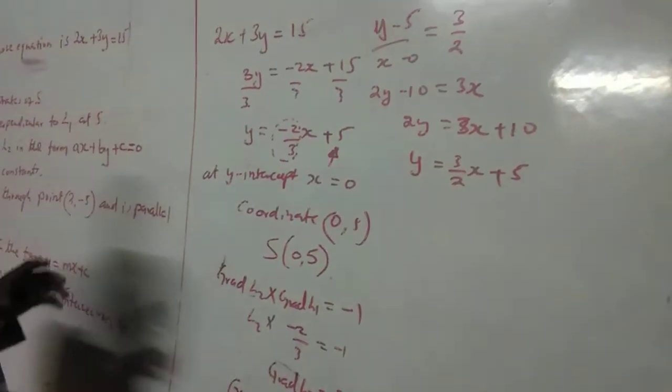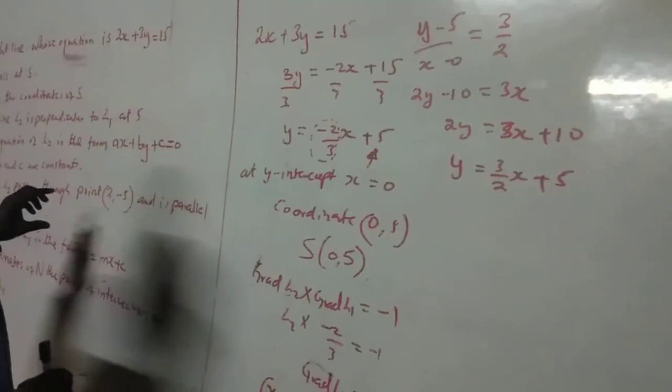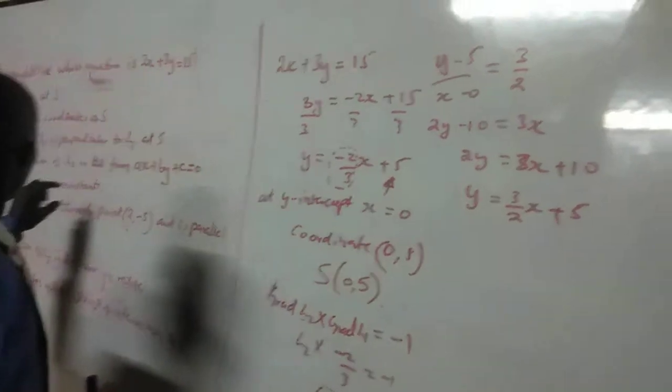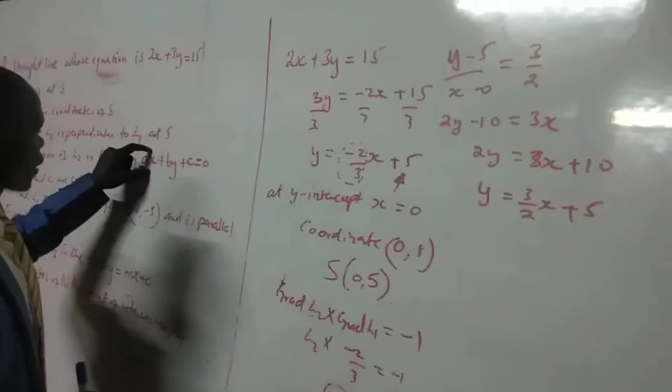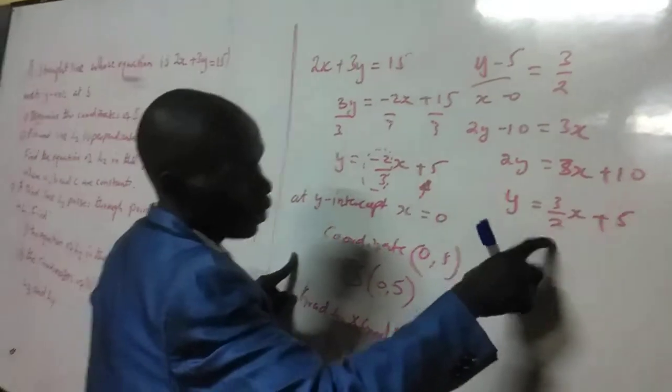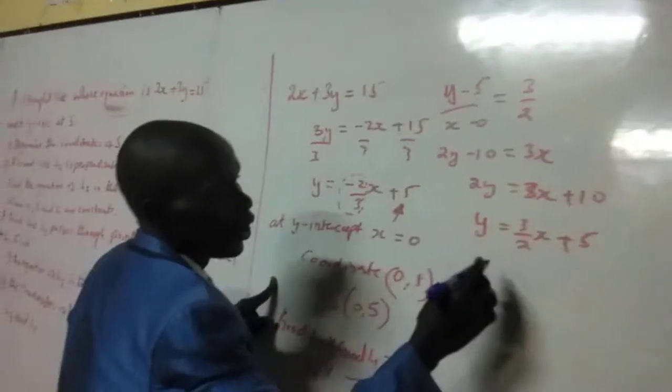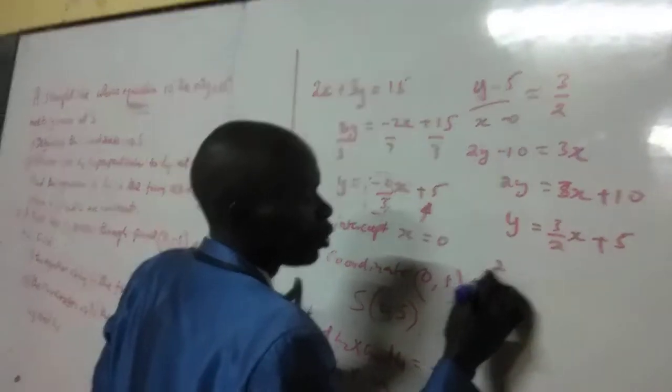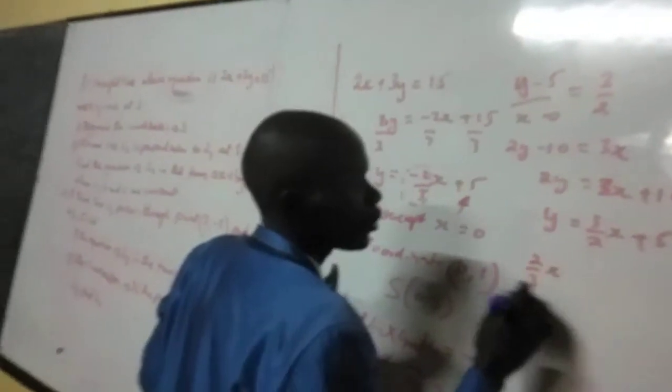Now, what are we asked? We are asked to find it in a specific form, in the form of ax plus by plus c. So we begin with 3 over 2x.